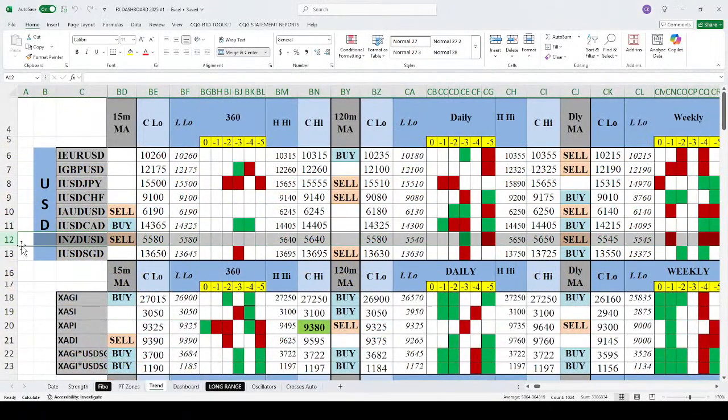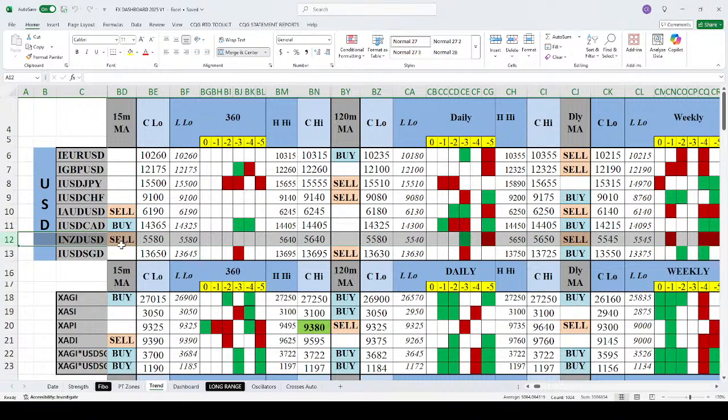The next cross we are looking at is New Zealand dollar. The hourly trend is flat, no clue. Daily is flat with an upside view. Weekly is flat with a downside view. The range we are looking at is 155.80 and 156.40.